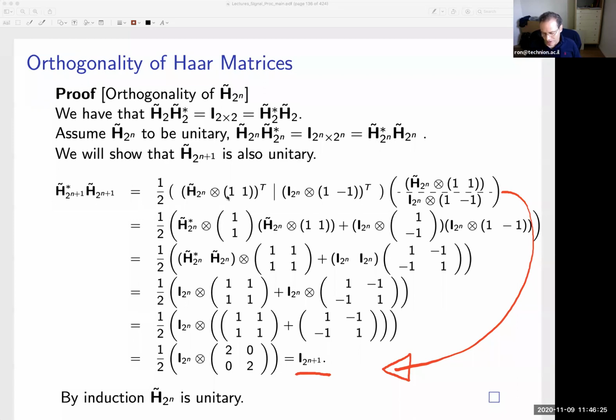The way to prove it is again by induction. We take the previous Hn, we assume that it is orthogonal, and we construct the next one. So this is the construction of the first one, transposed, and this is the construction of the second one.